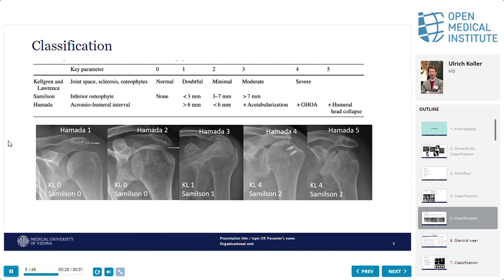Those people have a lot of reduced range of motion. And Kellgren-Lawrence gives us information on how much cartilage is intact or if all the cartilage is gone. So these examinations are very important for me to judge.